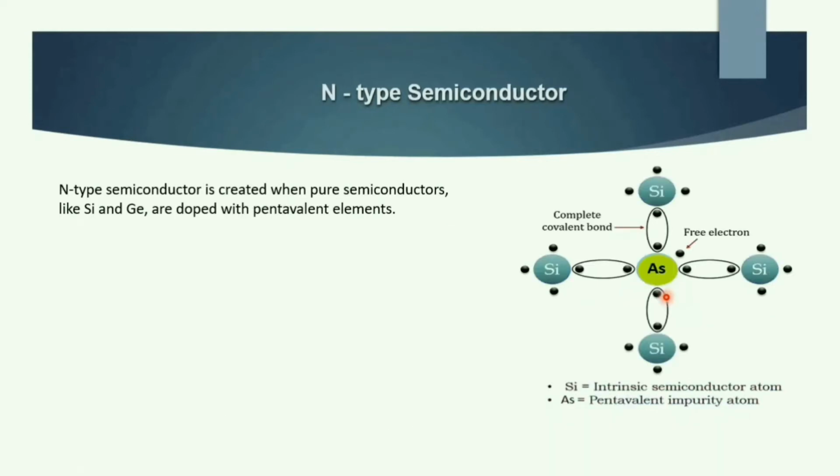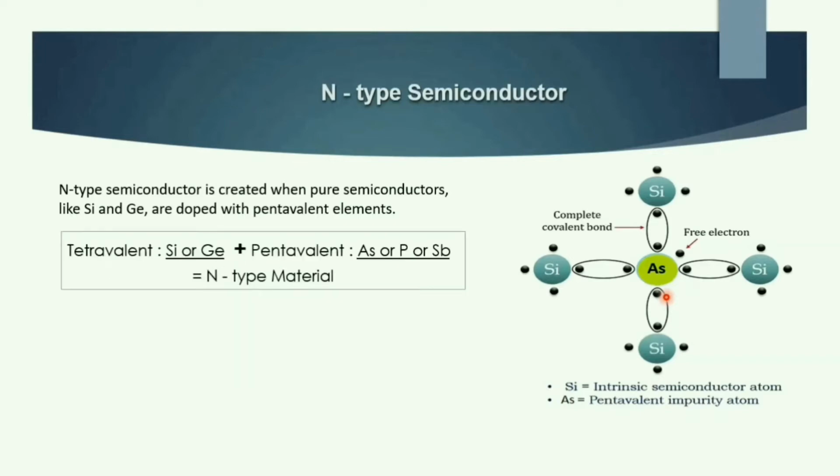We also know that N-type semiconductor is made when pure semiconductors like silicon or germanium are doped with pentavalent elements having 5 electrons in the outermost orbit. Some of the examples of pentavalent elements are arsenic, phosphorus, and antimony.